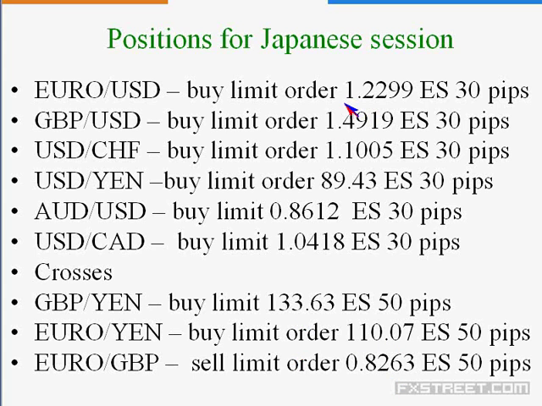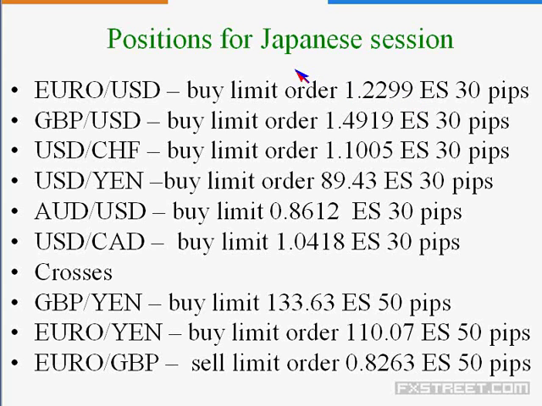So probably I'll just review it because I have to close the platform, conclude the webinar and also answer the questions which are asked here. Otherwise I'll show you how exactly I have taken the positions after about 10-15 minutes, at current market levels, because these orders are not filled.